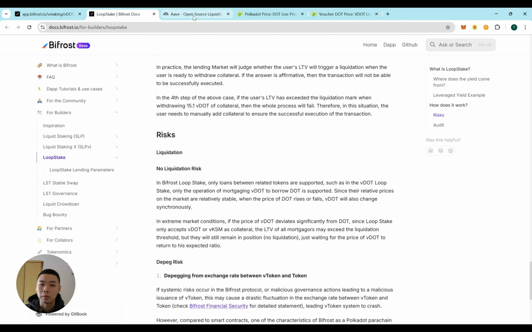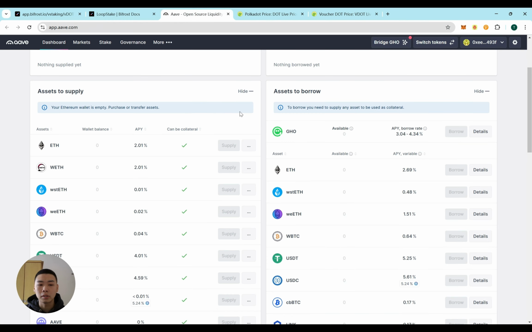In a normal money market like Aave, you can supply funds as your collateral on one side and then borrow on the other side. In the supply menu, you can select any of these tokens as your collateral. Let's say we select ETH, okay? And then we borrow BTC. Let's say in the secondary market, the price of ETH is dropping down, but the BTC price is constant.